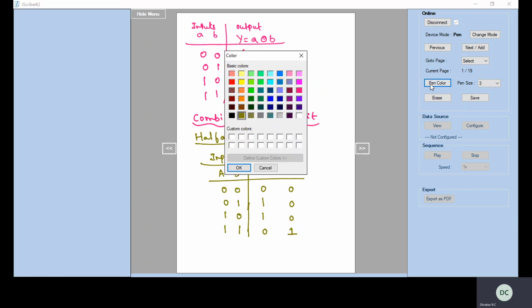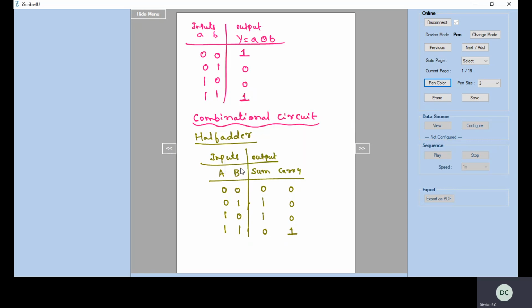So for the cases 0 1 and 1 0, the output is at logic 1. For these two cases, 0 refers to complement and 1 refers to the uncomplemented form. So the sum expression is A bar B plus A B bar.